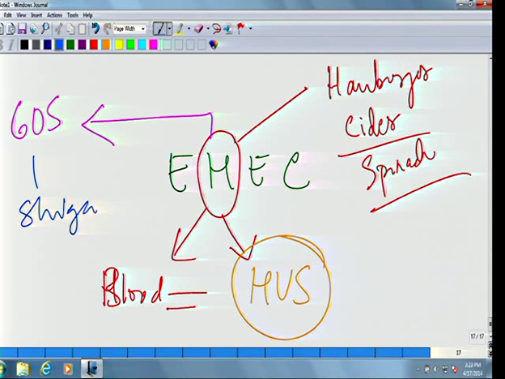Hemolytic uremic syndrome is a serious complication of EHEC. Children, renal failure, it can lead to renal failure. So there is thrombocytopenia. So when you see a case of hemorrhagic diarrhea with thrombocytopenia, immediately think of EHEC.